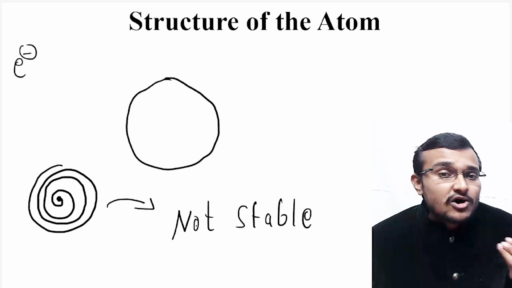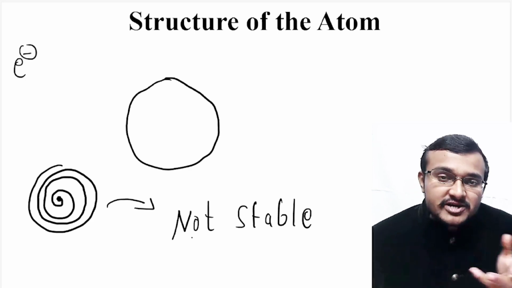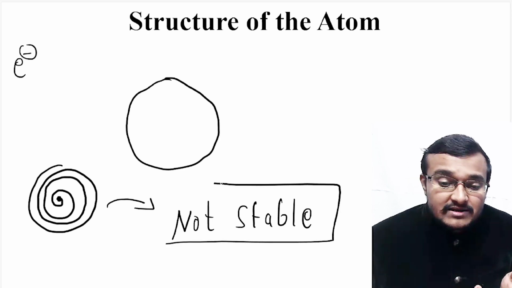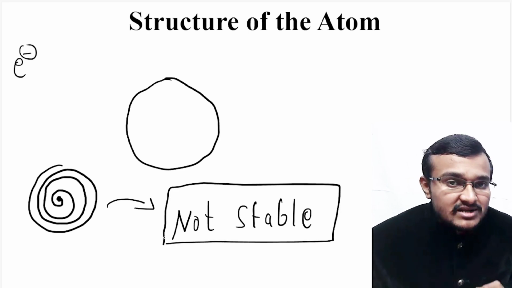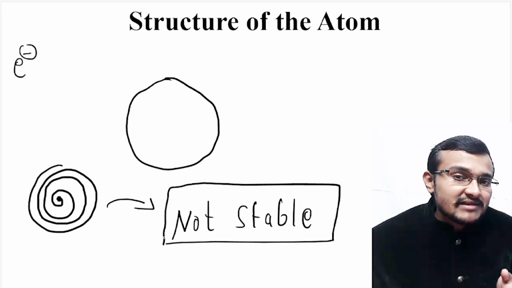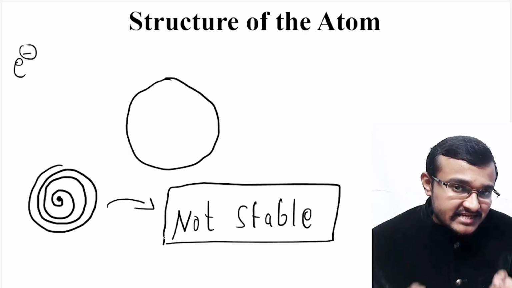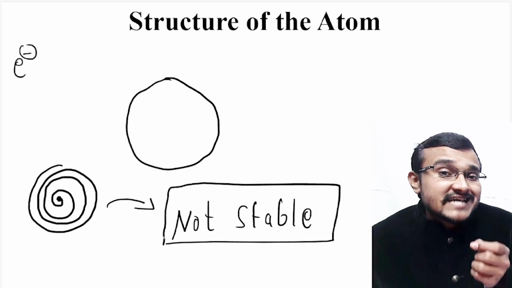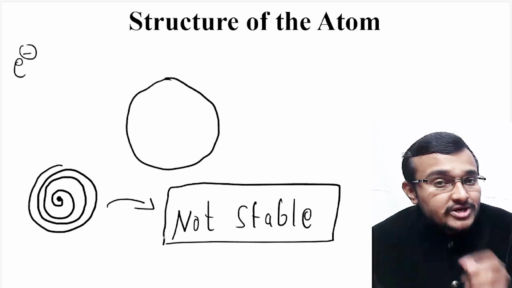If all electrons present in the atom fall inside the nucleus, then the atom will collapse. So these atoms are not stable. If atoms are not stable, then matter will also be not stable. But we can see stable matter all around us. That shows atoms are much more stable. But according to Rutherford's atomic model, the stability of the atom is not explained.